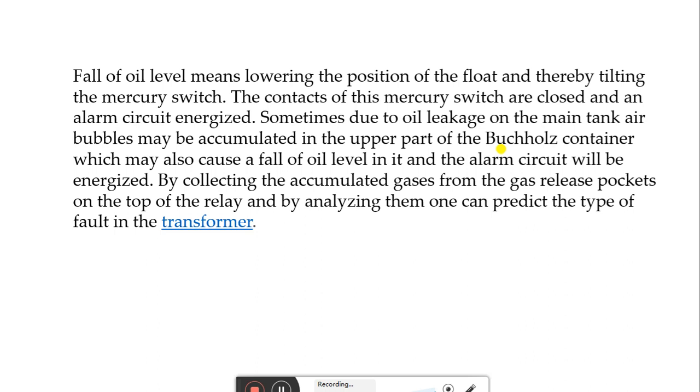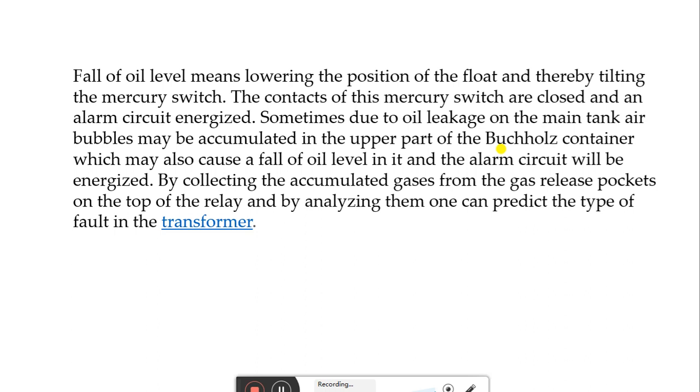By collecting the accumulated gases from the gas release pockets on the top of the relay, and by analyzing them, one can predict the type of fault in the transformer.